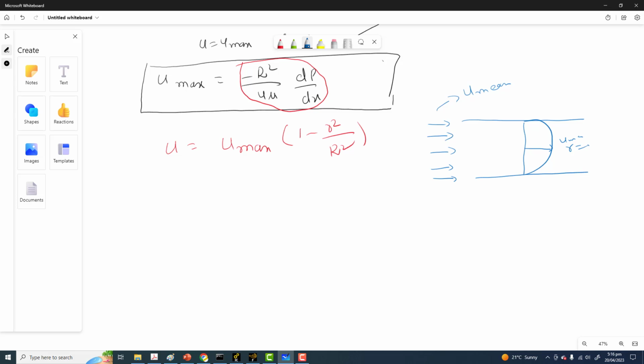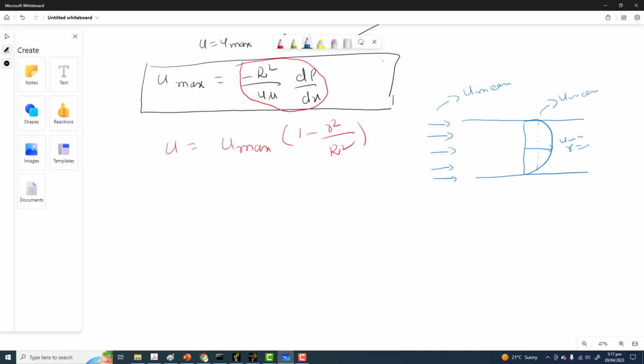And u mean, if you take the average quantity, will be somewhere maybe here. So this is the u average or u mean. Because the u mean is a known quantity, we must find out the u maximum in terms of u mean. That's why now our struggle is to find out the u maximum in terms of u mean.